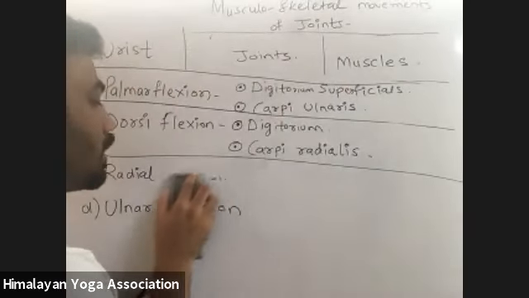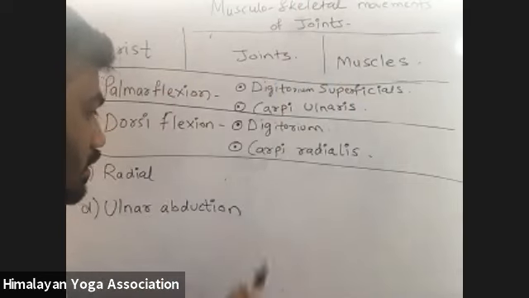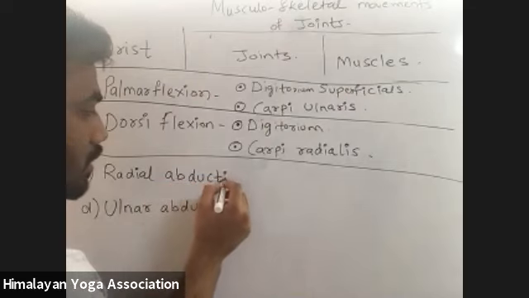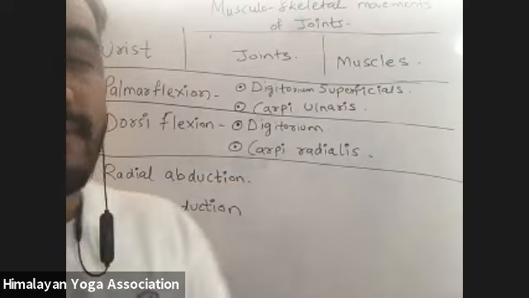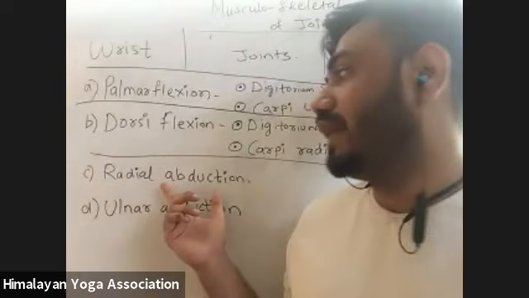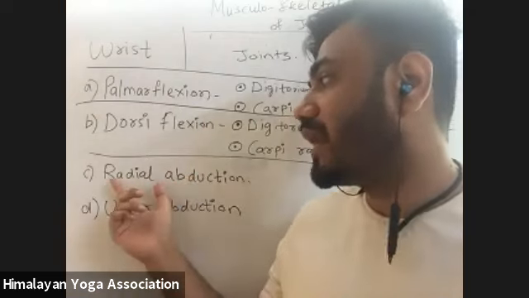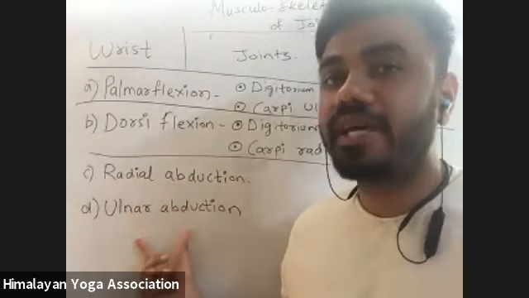Don't get confused here between abduction and abduction only, because radial abduction and ulnar abduction for the wrist is different.